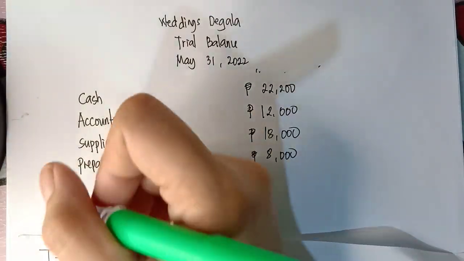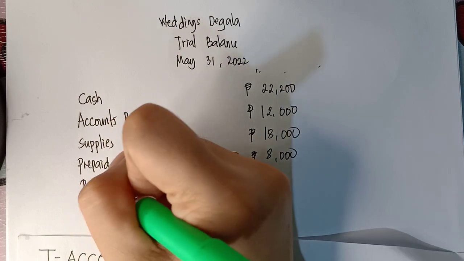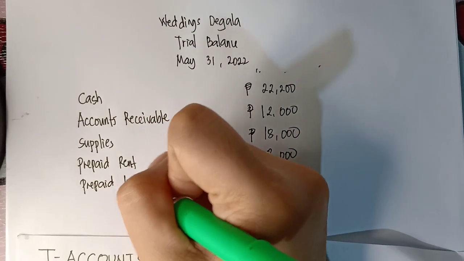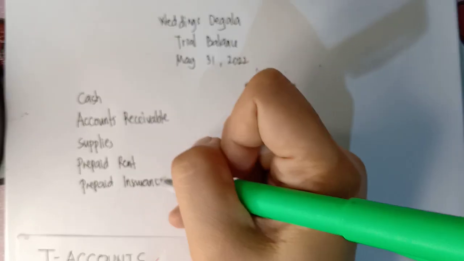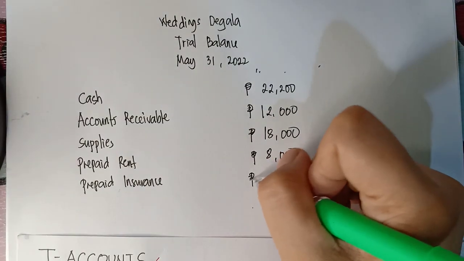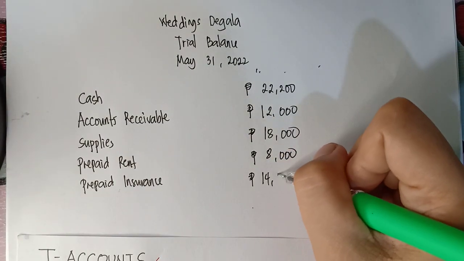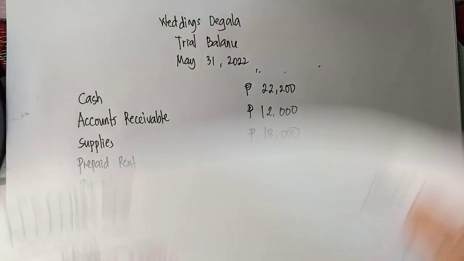Next is prepaid insurance, for 14,400. So debit again.